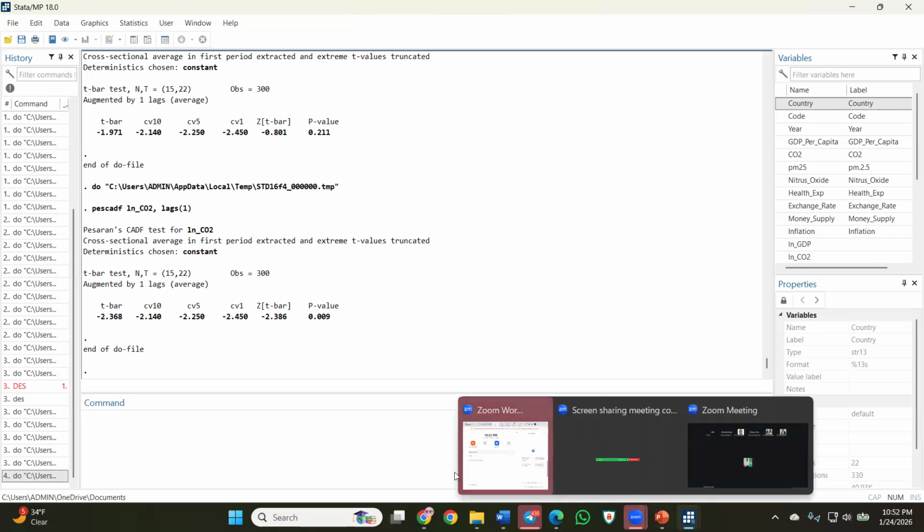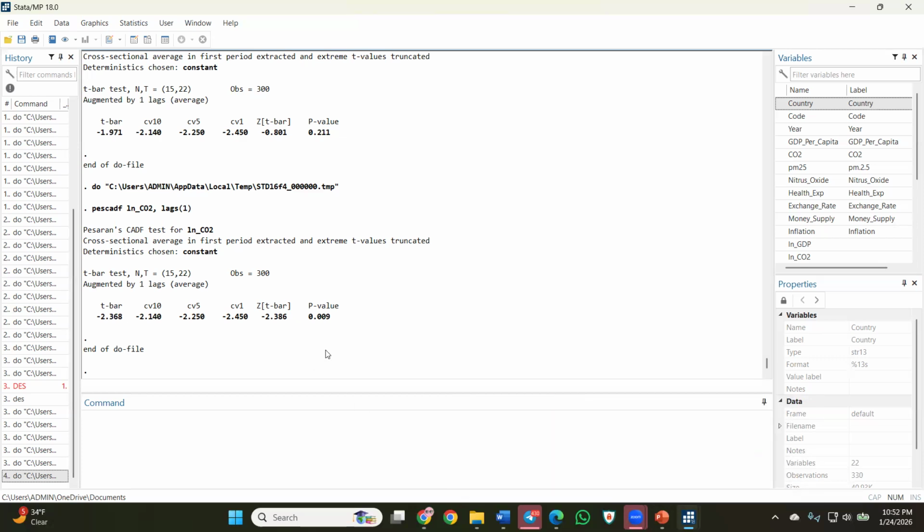It means that it is stationary. Okay, it means we reject the null hypothesis, and the null hypothesis is not stationary. So if you are rejecting the null hypothesis, it means it is stationary. And you realize that the T-bar is also greater than the critical value at 5%.